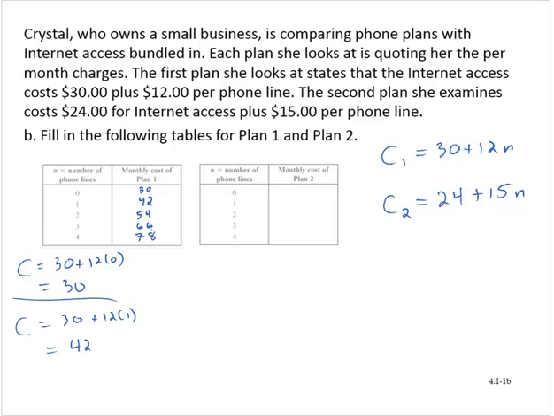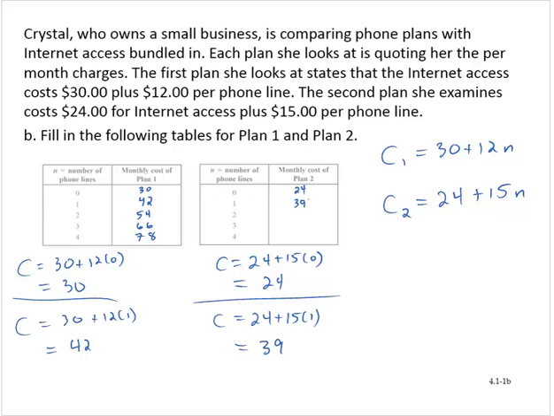And then for the second plan, if we had 0 phone lines, our cost would be given by 24 plus 15 times 0. And so that would be 24 plus 0, which is 24. And if we had 1 phone line, our cost would be 24 plus 15 times 1. And so that would be 24 plus 15, which is 39.